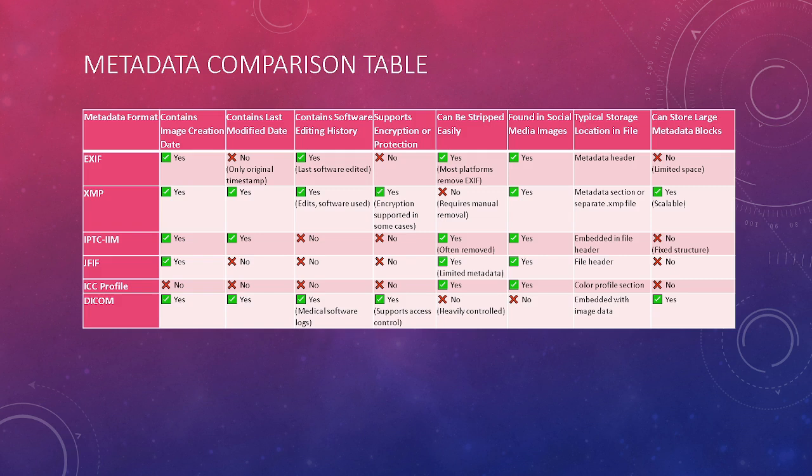You also have typical location within the file itself. Again, pretty much all this stuff is, realistically, not header data, but metadata. So metadata is going to be, again, directly after the header of the file.